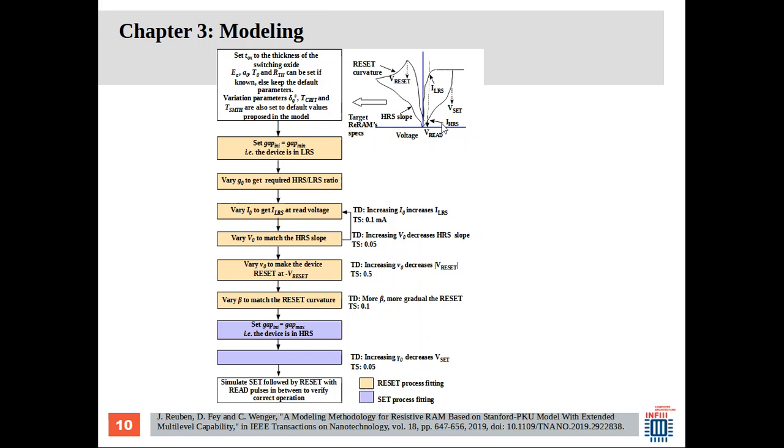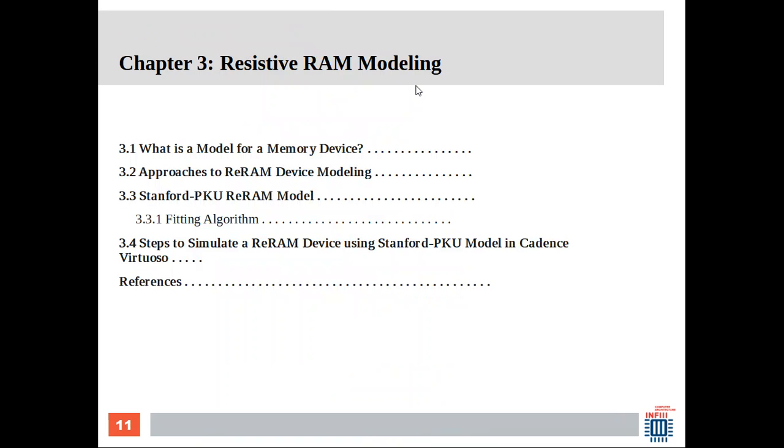By characteristics, I mean the low resistive state or the high resistive state, the set voltage, the reset voltage varies from device to device. So this is a fitting algorithm. So chapter 3 basically gives an overview of the approaches to modeling, the Stanford PKU model and the fitting algorithm, and steps to simulate it in Cadence Virtuoso.